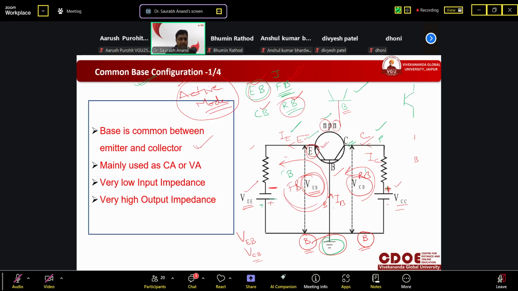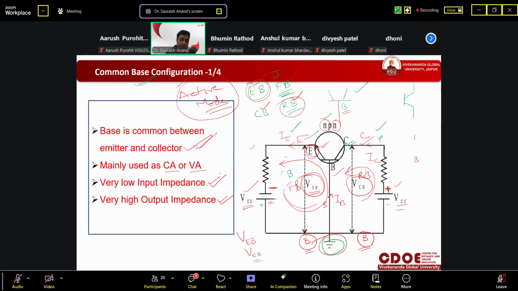Now this is the summary. You can say that base is common between emitter and collector. We have already understood. Mainly used for collector emitter and voltage, it is okay. Very low input impedance, this is important. And very high output impedance, this is very important, because whenever we use any component in any mode, the impact of impedance at input and output side is important.